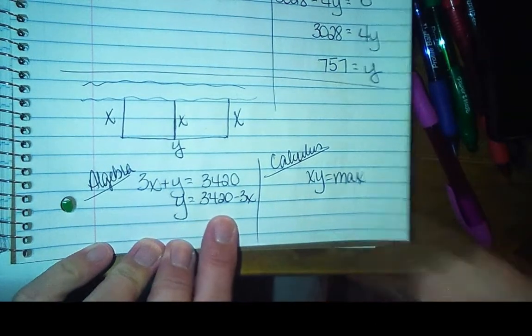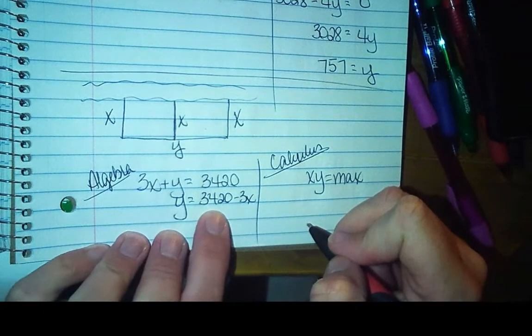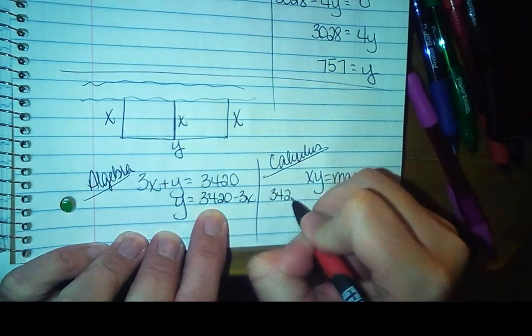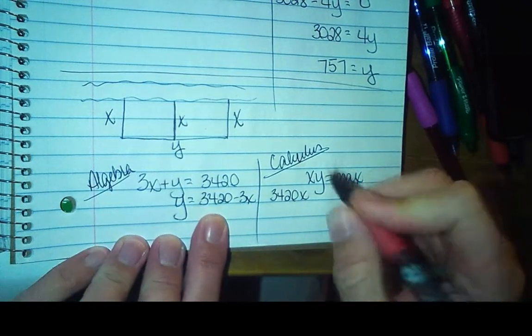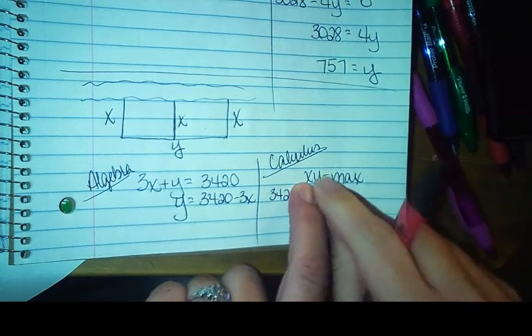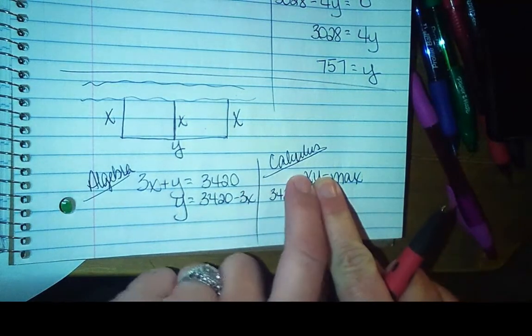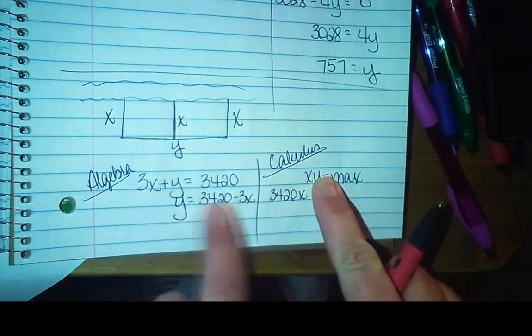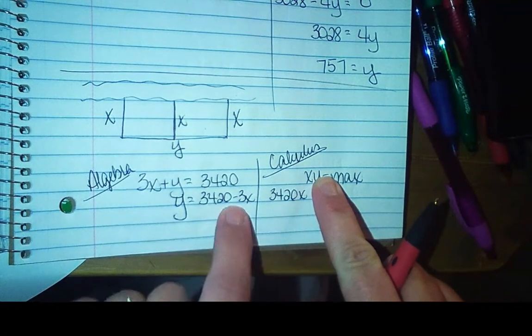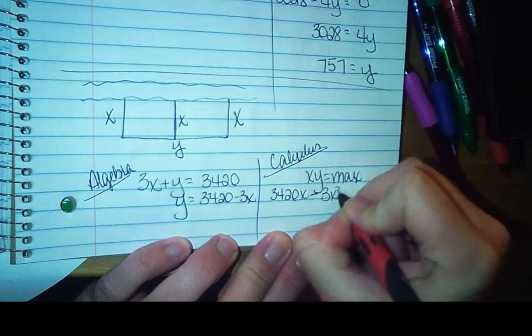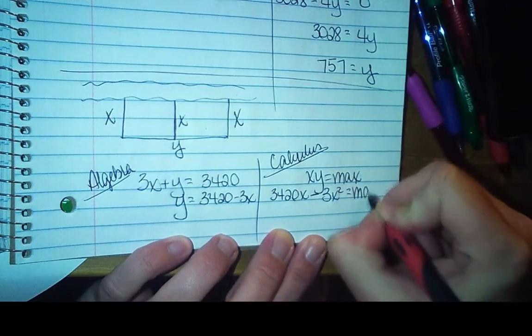All I'm doing is substituting this y in right here, and I'm just doing the distribution in my head. So I get x times 3,420 is 3,420x minus 3x times x is minus 3x squared, and that needs to be a max.